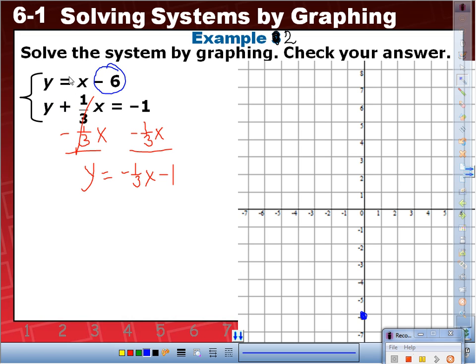What is my slope here? 1, and in fraction form is what? 1 over 1. That means 1 step up, 1 to the right. So let's see. 1 step up, 1 to the right. Plot your point. Do it again. 1 step up, 1 to the right. Plot your point. Do it again.